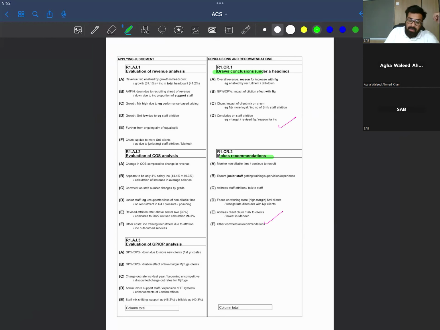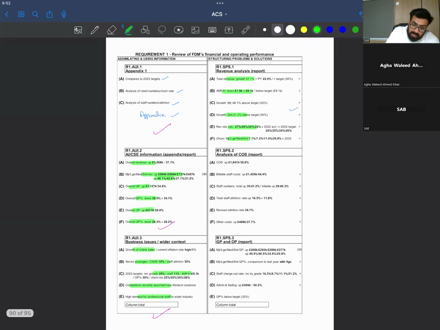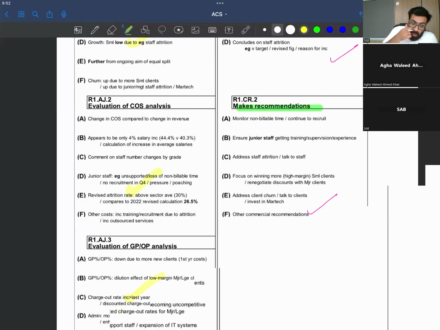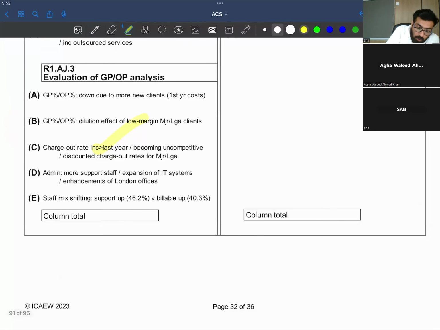Now, the problem is with the boxes highlighted in yellow. You have to make sure that you tick these boxes by communicating these points. Like if you are doing the GP analysis, then you have to mention due to more new clients. If you are mentioning GP and OP analysis, then you have to mention the effect because of low margin, charge out rate.